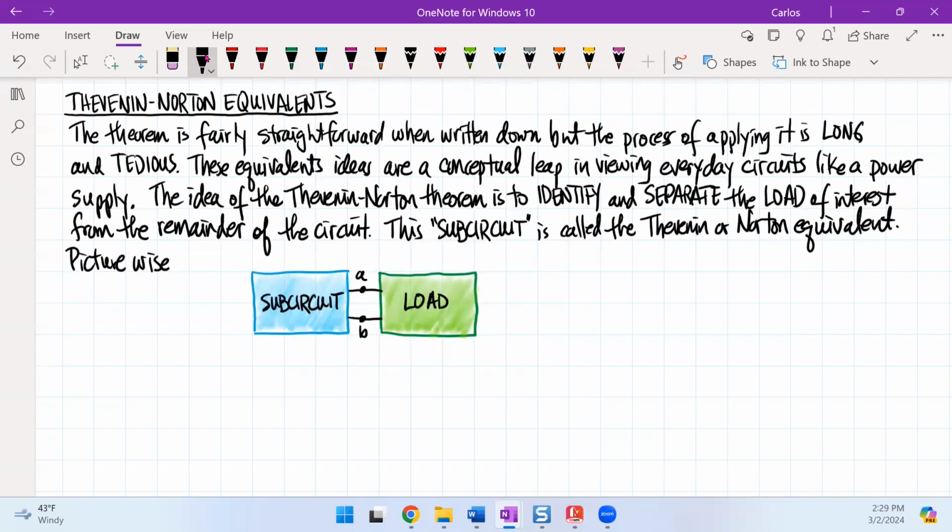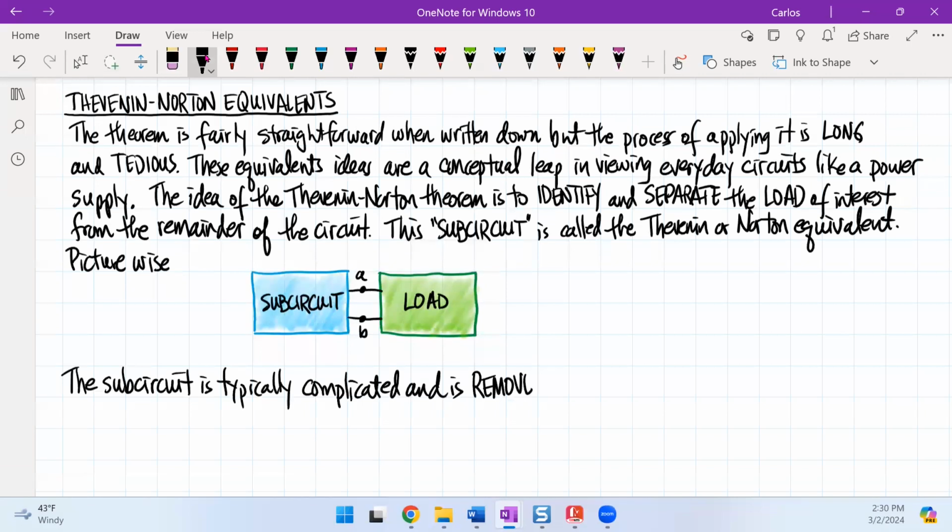Our goal is that when I look at that subcircuit, it can be quite complicated. The subcircuit is typically complicated, sometimes very complicated, and is removed from the load.